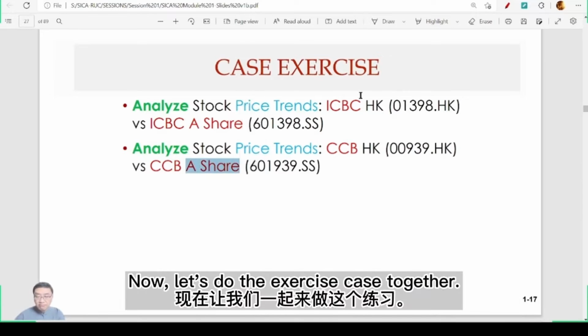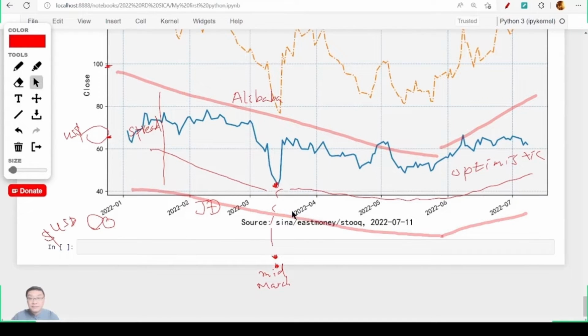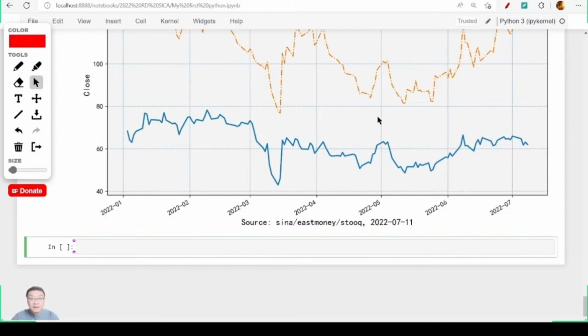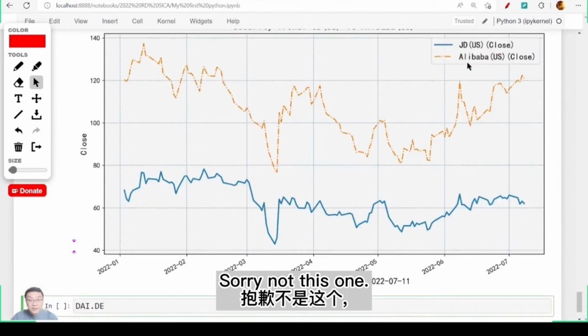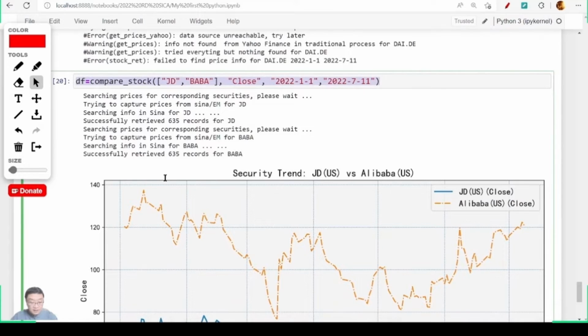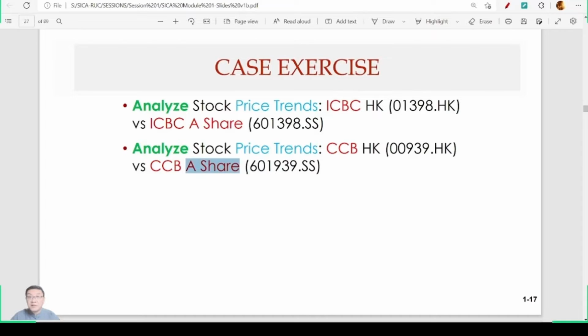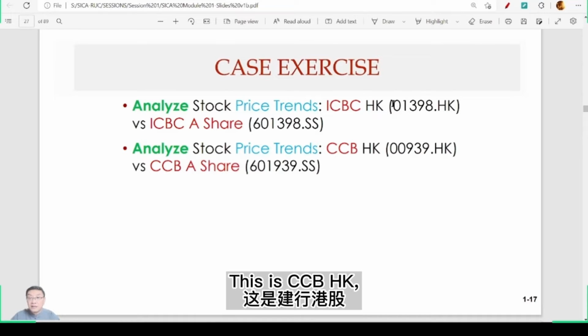Now, let's do the exercise together. Sorry, not this one, it will be this one. Let's start from CCB first. This is CCB HK.